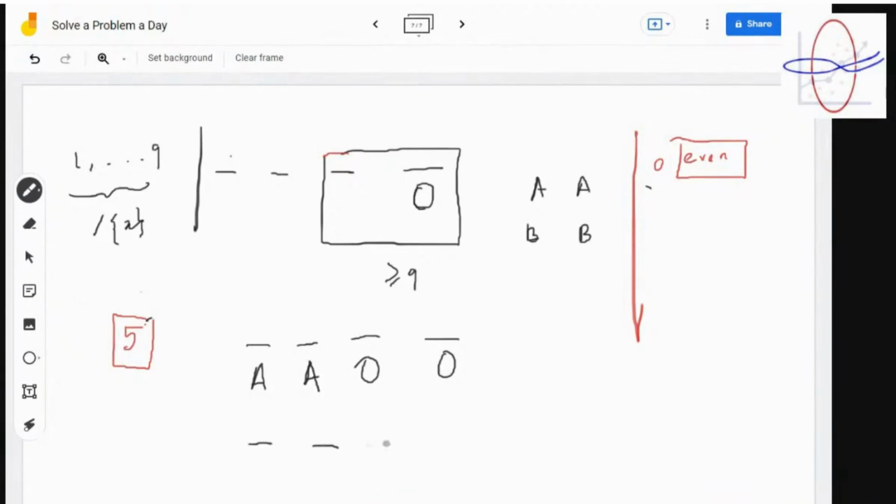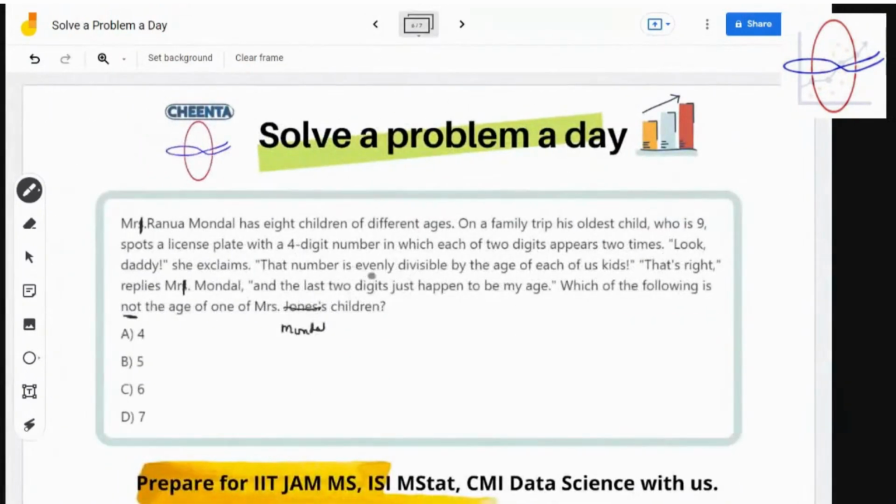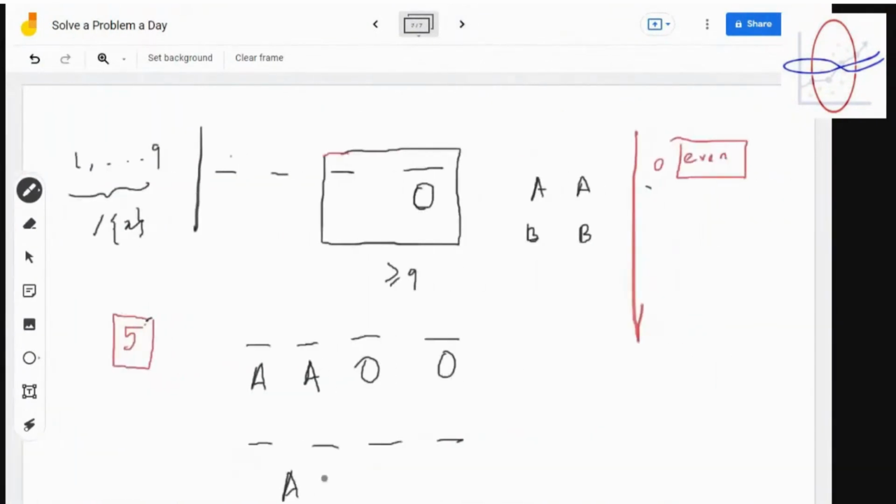But a 4-digit number cannot start with 0, so A must be the starting digit, and A is non-zero, of course.